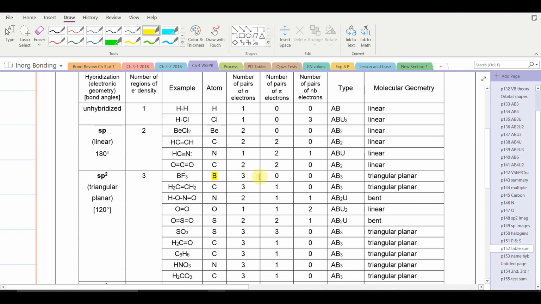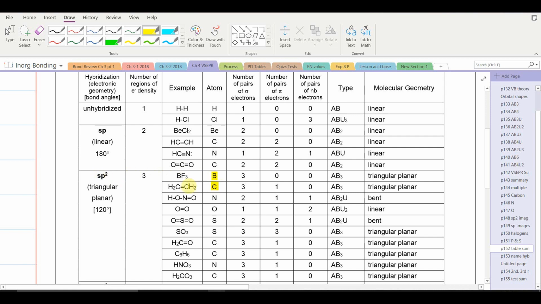How many pi bonds? None. How many non-bonded pairs of electrons? None. How do I know that? Because boron's in group 3A and it has 3 dots. The compound type is AB3, and the shape is triangular planar. So what's the hybridization state? If you have 3 sigma bonds, it requires 3 hybridized orbitals, which would be sp2.